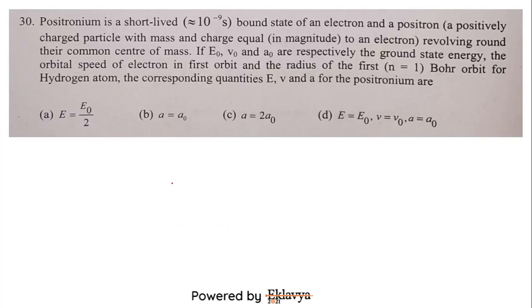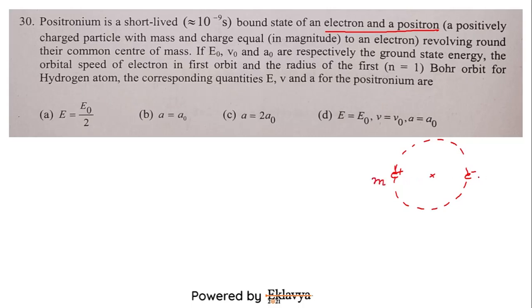Let's have a look at question number 30 now. It says that positronium is a short-lived bound state of an electron and a positron. Basically in a positronium atom, a positron and an electron revolve around their common center of mass, which will be midway between these particles because these are particles of equal mass.